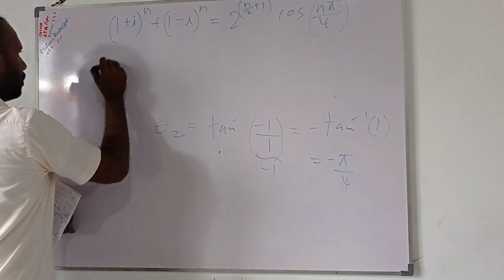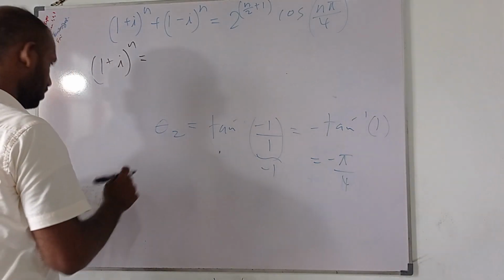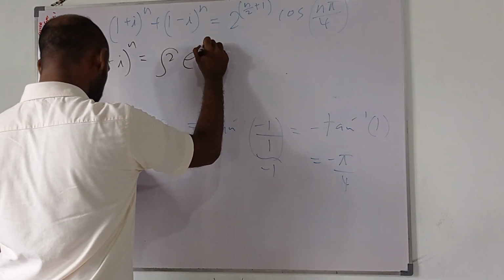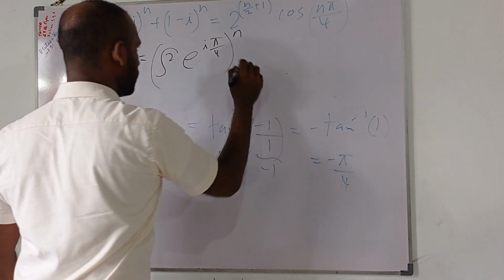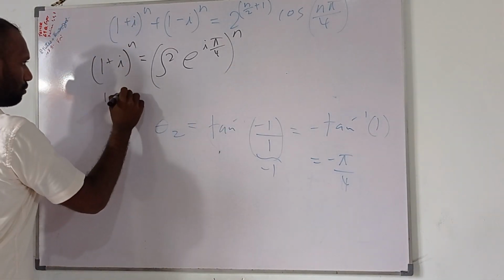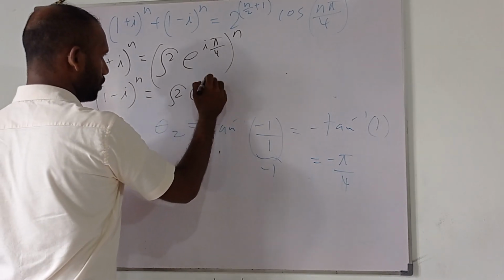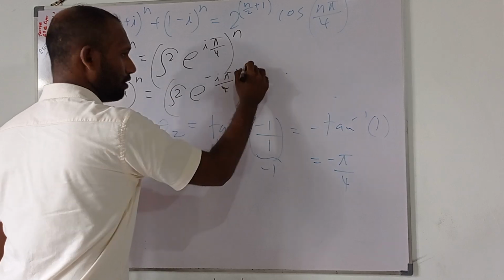So (1 plus i) to the power n equals root 2 e to the power i pi by 4, whole to the power n. (1 minus i) to the power n equals root 2 e to the power minus i pi by 4, whole to the power n.